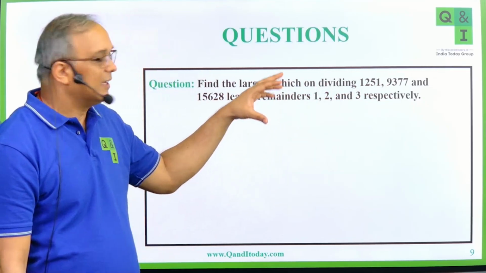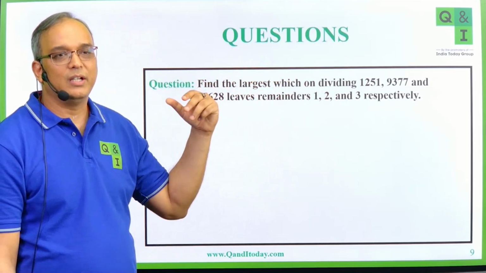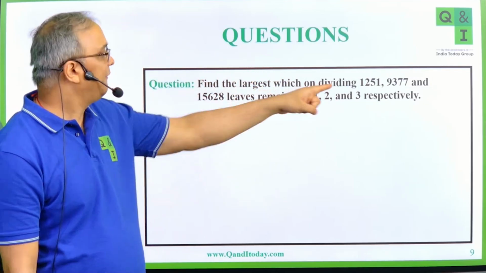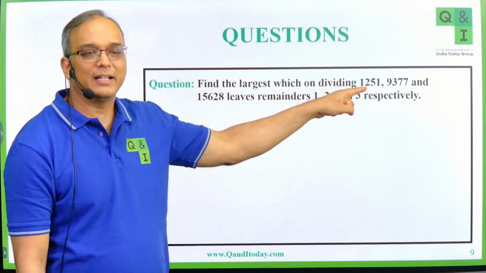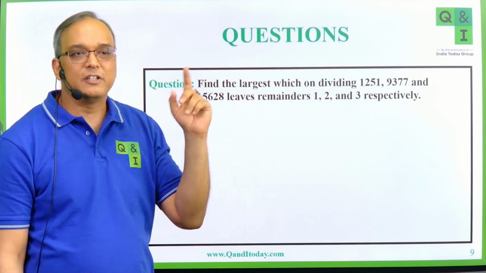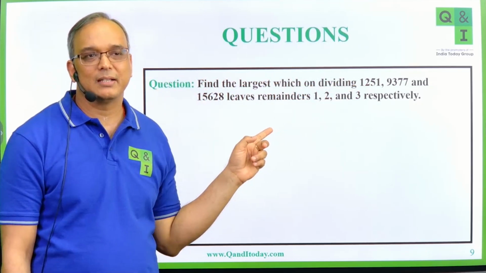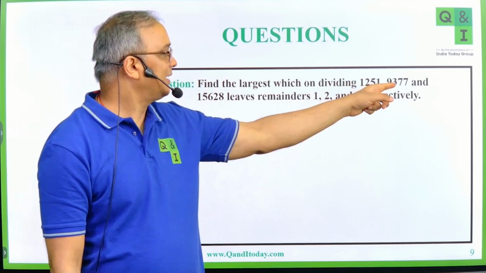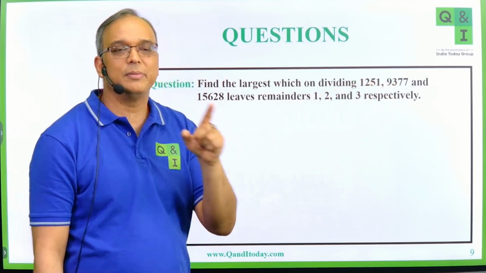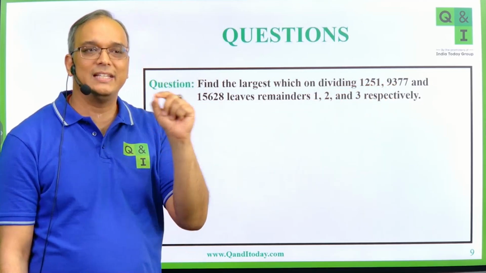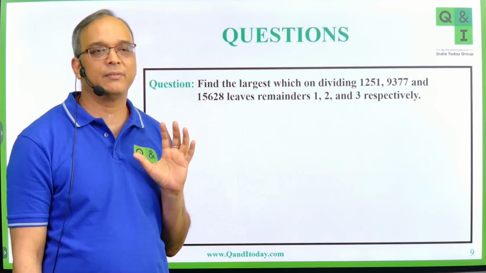So to find that largest number, what we'll do is that if I subtract 1 from 1251, I'll get 1250, which will be exactly divisible by that number. Similarly, if I subtract 2 from 9377, it will be 9375, which again is exactly divisible by that number which we have to find.